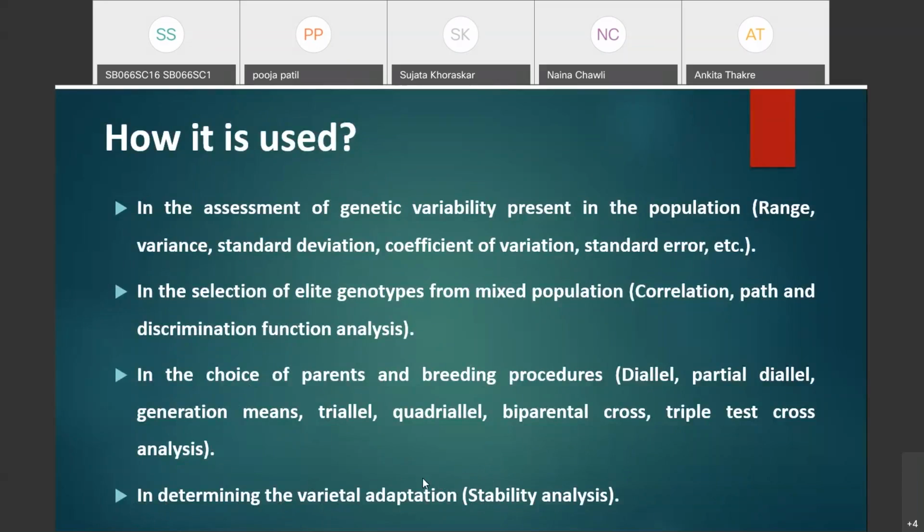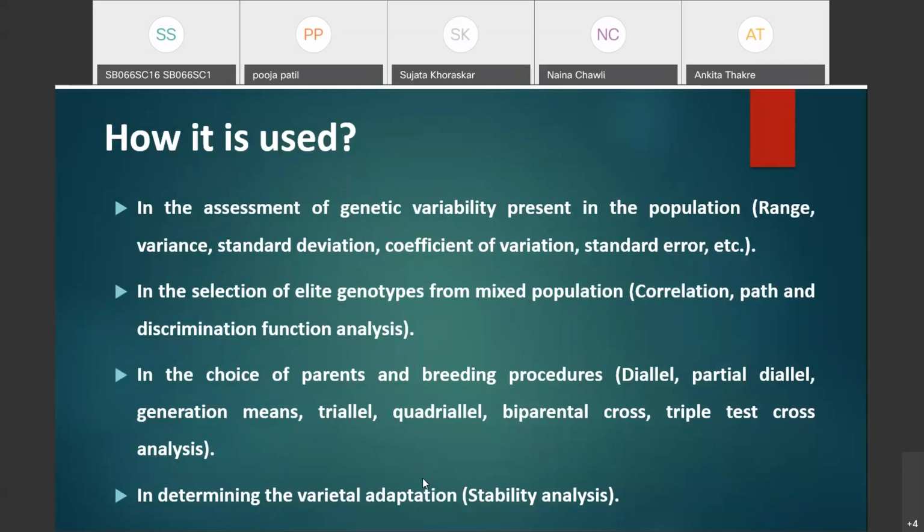You may think what is the importance of statistics in plant breeding. In plant breeding, numerous observations are there, and numerous numerical data is available. But this numerical data should be properly presented and properly interpreted, so it will be useful to the plant breeder. It is done by using the different statistical procedures.